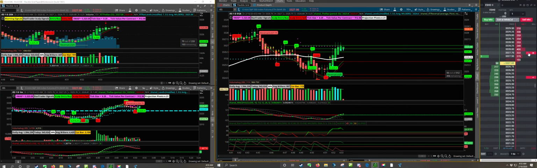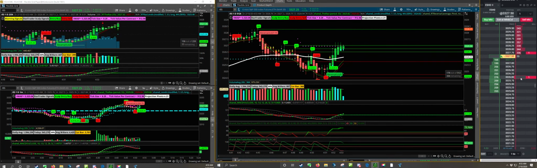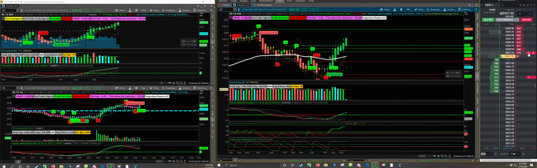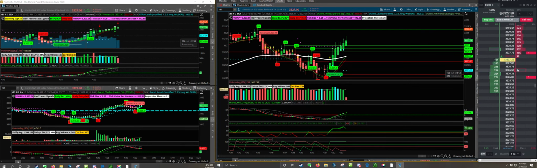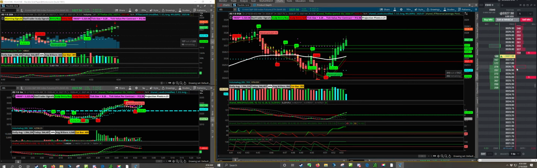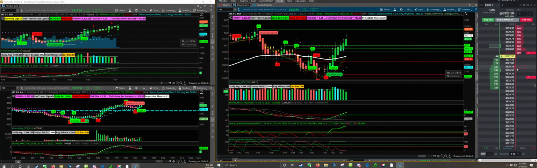If we do go short, we're going to take this at 26 short, just below the 50. This is going to be really tight. That 27.50 would have been triggered.